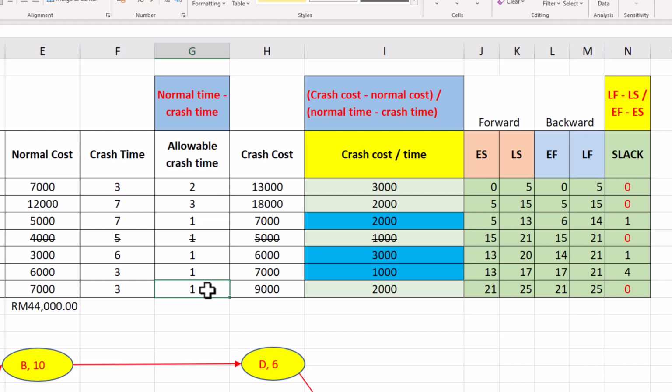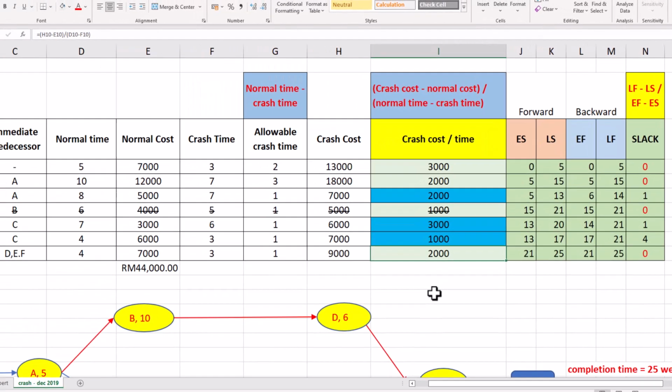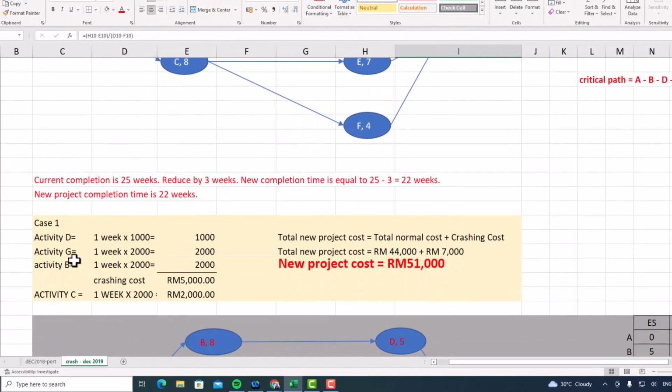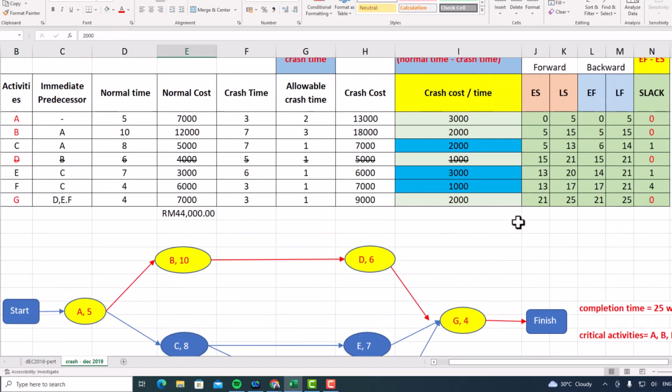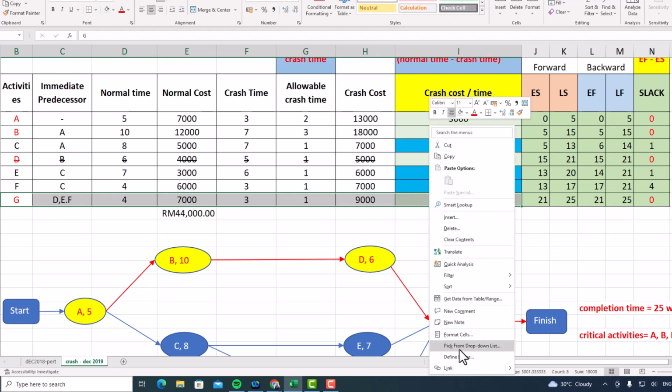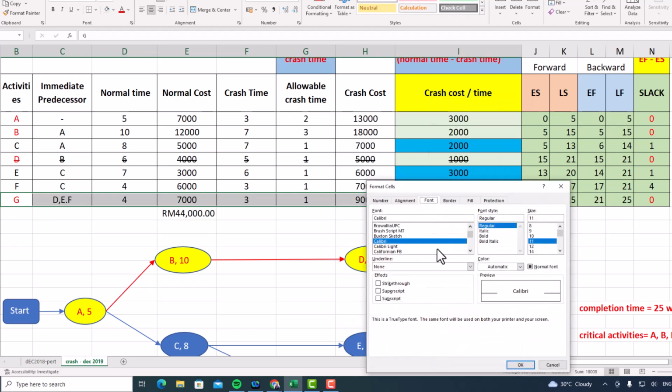You need to choose G, which has the shortest allowable time to be crashed together with the cheapest cost. So I put it here, activity G 1 week, with the cost of 2,000, so the total is 2,000. We can dash activity G, meaning you cannot choose activity G anymore.